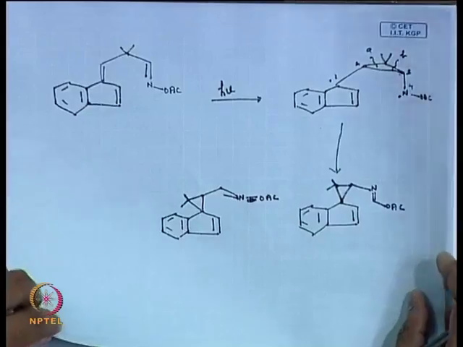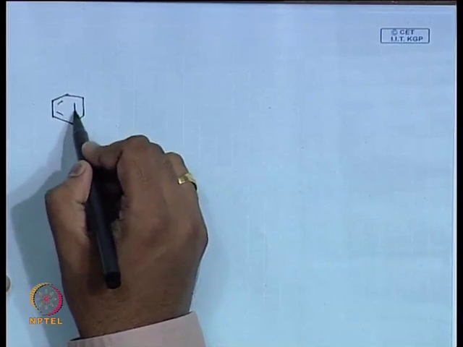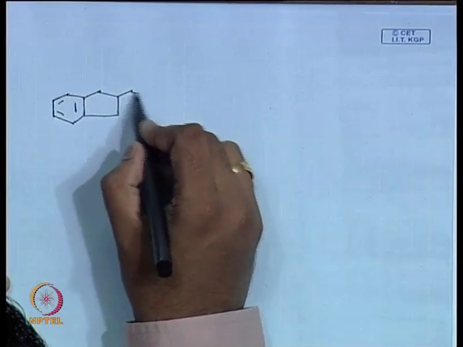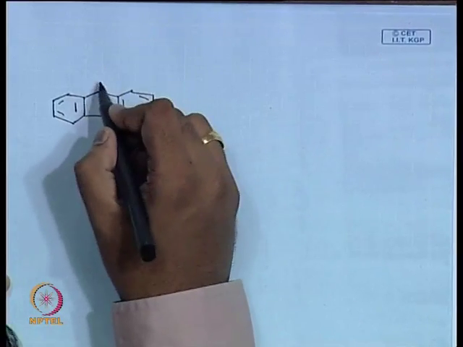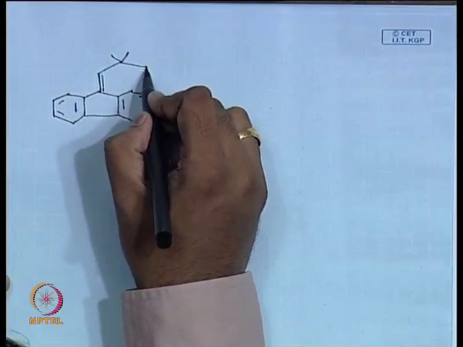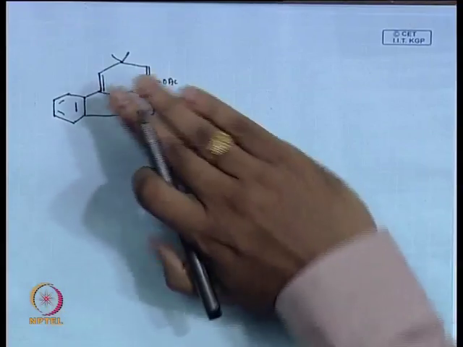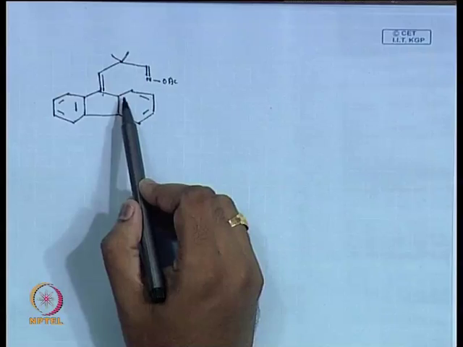Okay. Now, the same type of another example which you can do. Same thing. What is this compound without this called? What is the base moiety called?